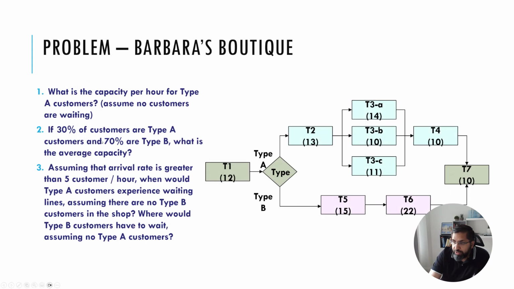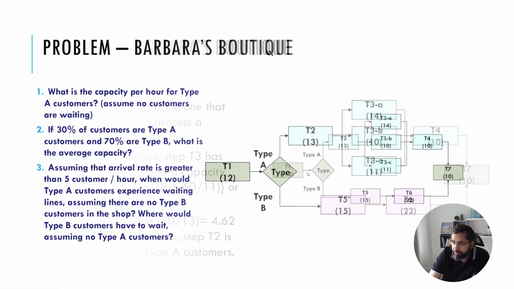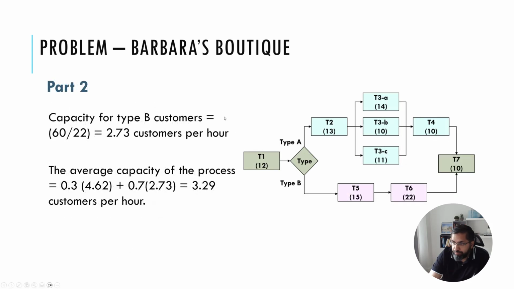And then we're going to take a weighted average: 30% times the capacity for type A plus 70% times the capacity for type B. As I just told you, because step T6 is the bottleneck, the capacity for type B is 60 over 22, or 2.73.